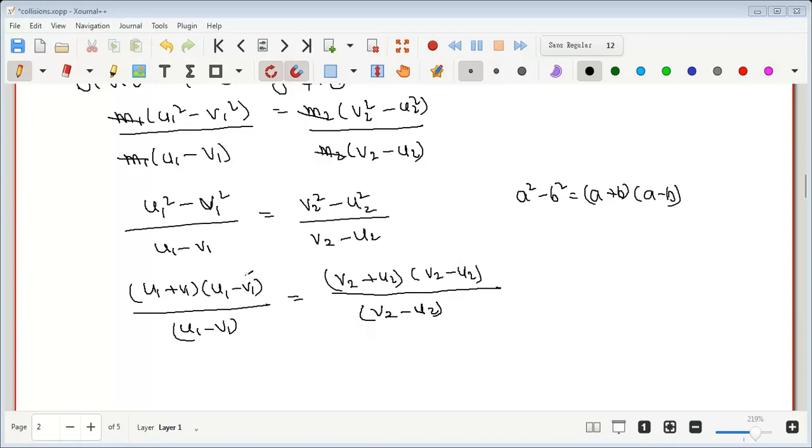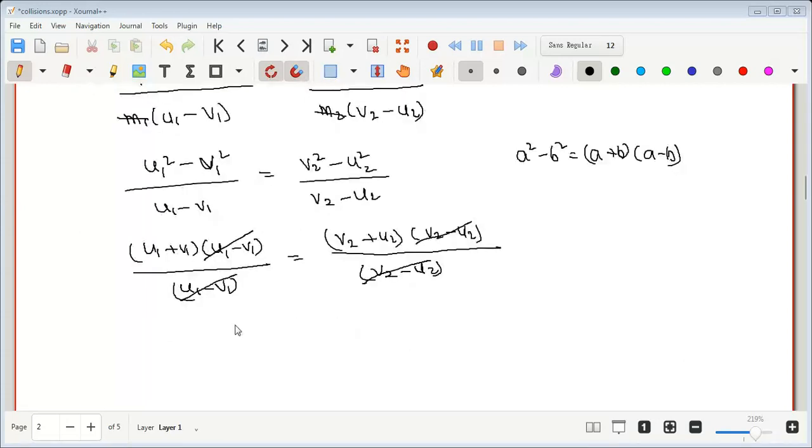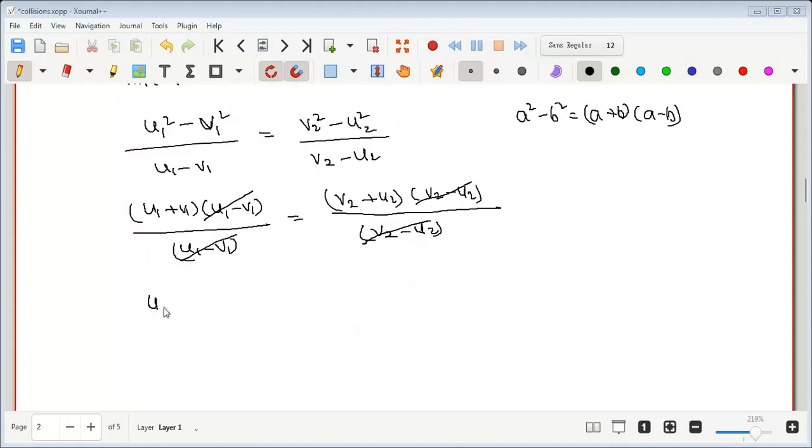So we can cancel this term and this term and these terms also. We will get u1 plus v1 is equal to v2 plus u2.